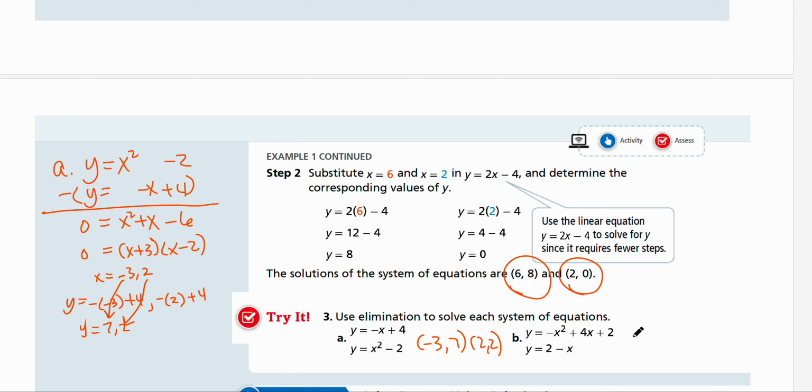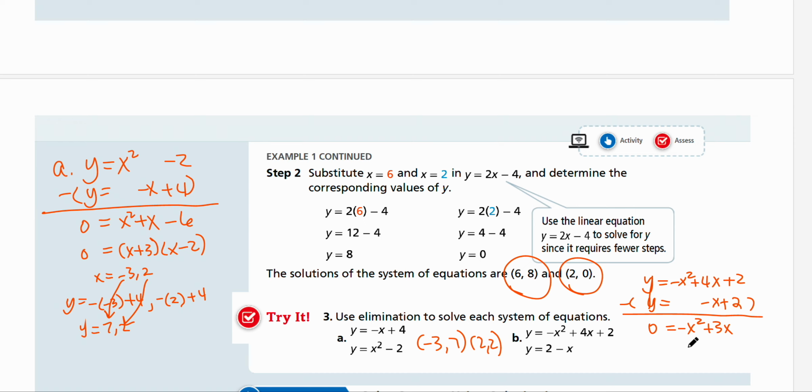Okay, part B, same thing. We're going to subtract them by using the elimination method. Line up your terms so that you don't get confused. Negative x here and positive 2, and we're going to subtract them. So remember, negative x, we're adding x, and here we're subtracting 2. So y minus y, 0, negative x squared, add x, you get 3x, and then subtract, you get 0.